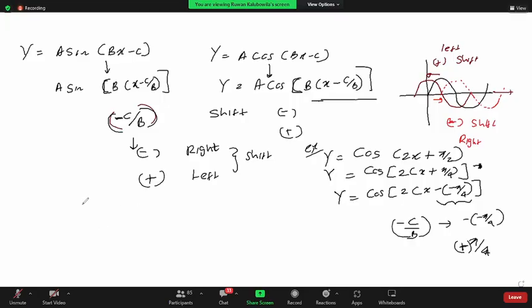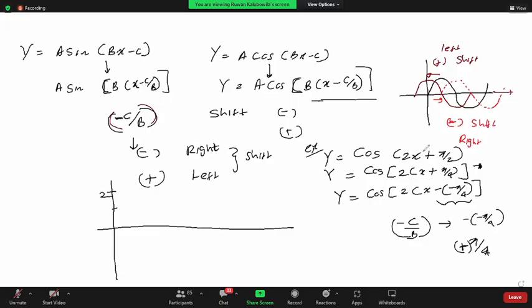Okay, then let's draw that. We have a cos function and amplitude. What is the amplitude? That is equal to 2. Let's try to identify the period.